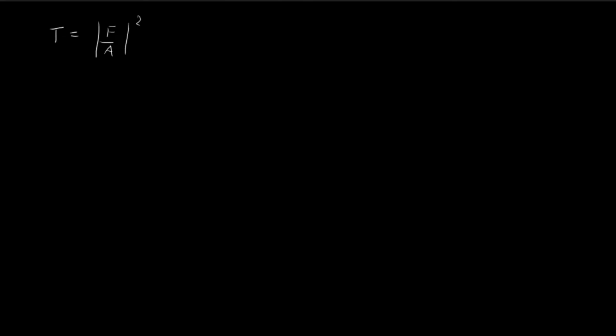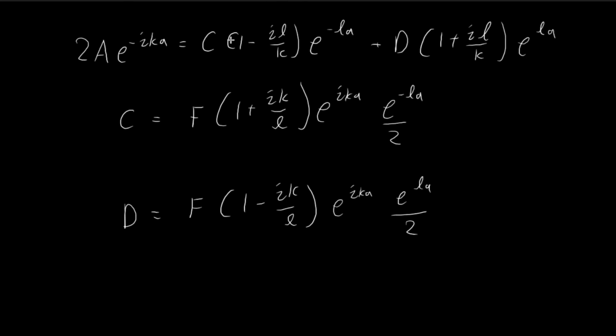And so if you do that, starting off with the left hand side, we have 2a e to the power of negative ika, and we know that this is equal to, first of all we will substitute in this expression.